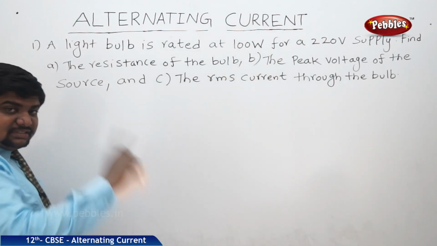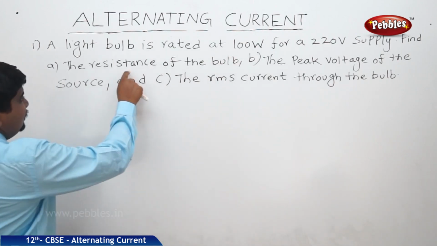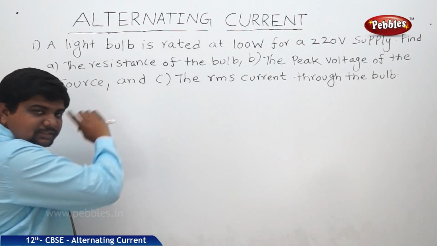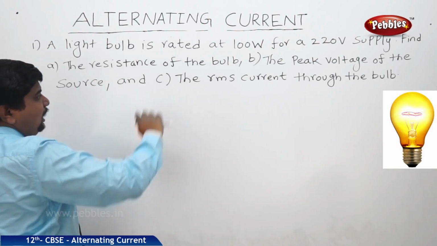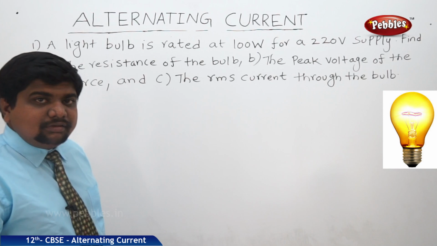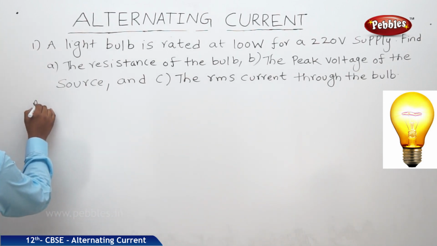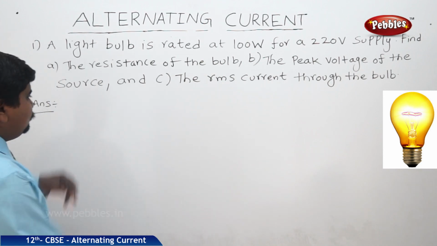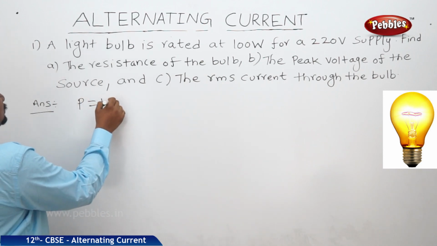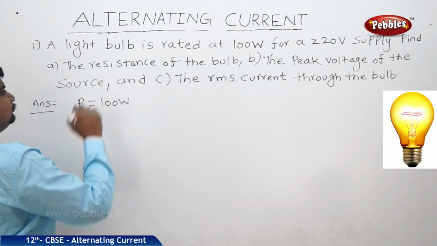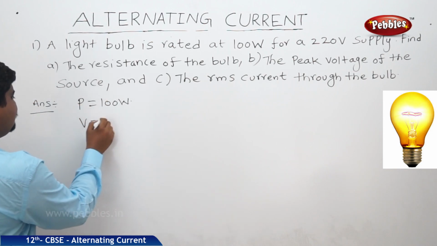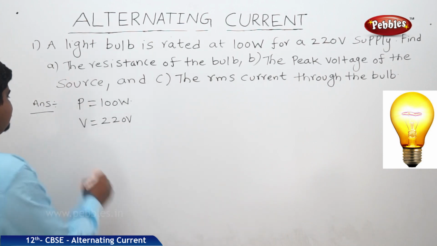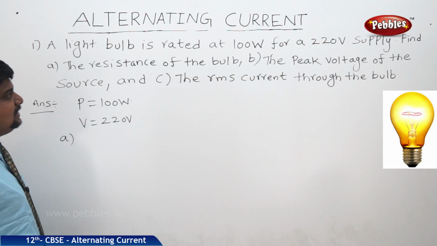Then, with this information, we should find out the resistance of the bulb R, the peak voltage of the source Vm, and the RMS current through the bulb. It follows these steps. First one, what is the power? 100 watts. What is the voltage supply? 220 volts.